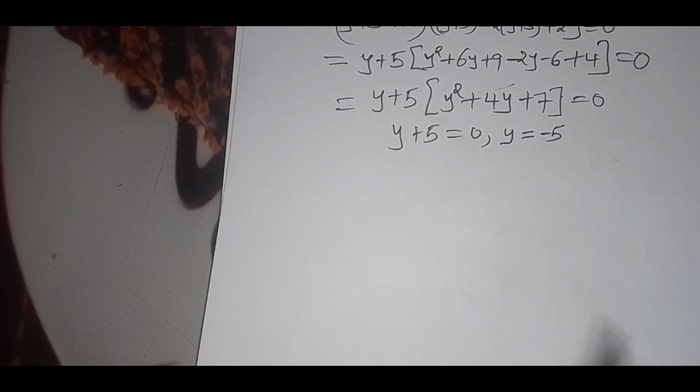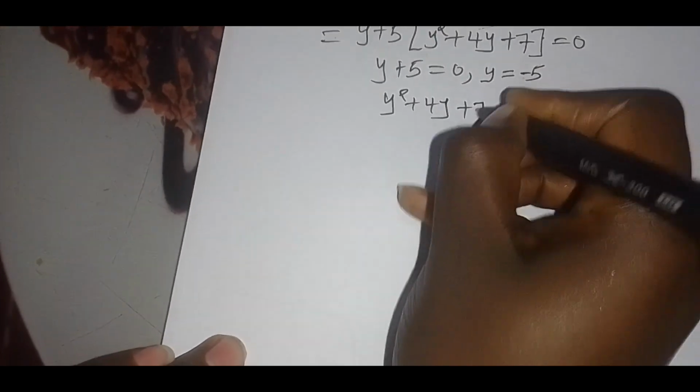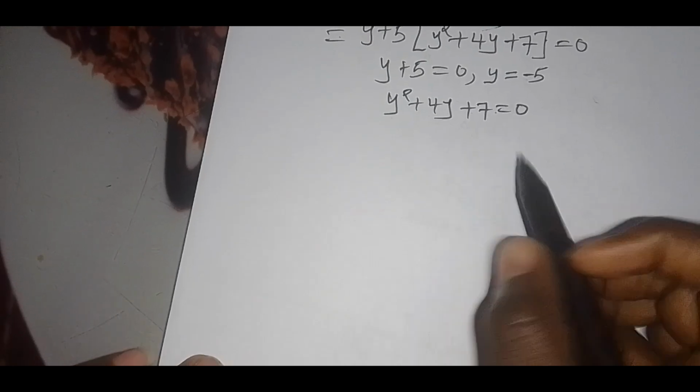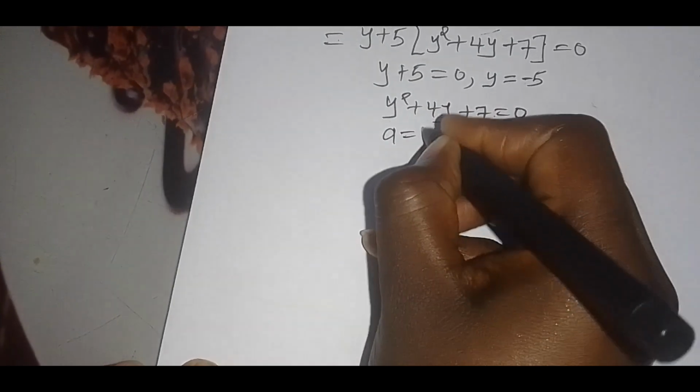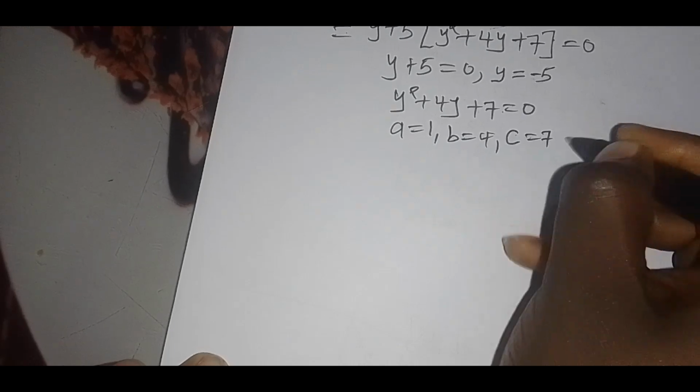Okay, and then now we proceed to solve our quadratic equation, which is y squared plus 4y plus 7 equal to 0. So our a is equal to 1, from the coefficient of y squared, and then b is equal to 4, and our constant c is equal to 7.